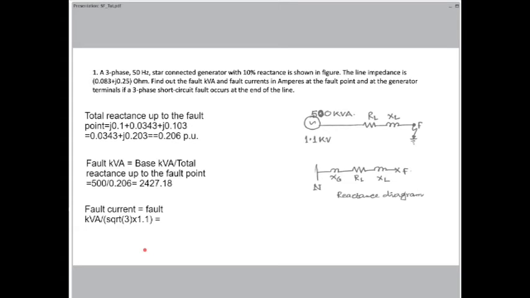Fault current at the fault point F is operating at 1.1 kV. So the current is kVA over the voltage, and when you're taking the voltage, it's supposed to be this voltage. So root 3 will come there. So tell me the answer quickly.